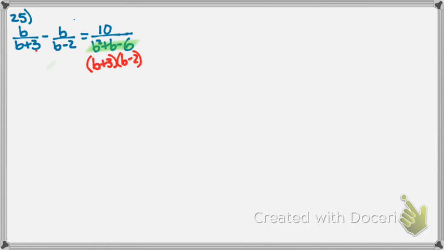So I'm going to multiply that onto both sides of my equation. So I've got b plus 3 times b minus 2. I guess I should have left a little bit more room on the other side. B plus 3 times b minus 2. So when I multiply my b plus 3 times b minus 2 times this term, the b plus 3 will divide out.